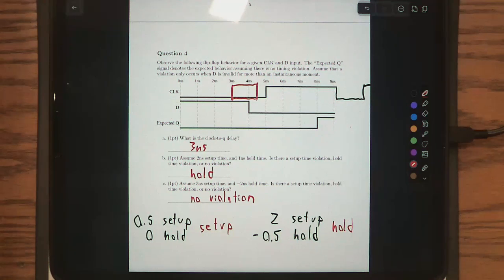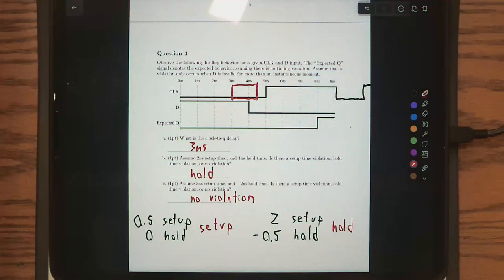I will move on. Yeah? Okay, just for my sake of clarity. If the value changes in the window, it's always going to be a hold time violation? Unless there was already a setup violation. Yeah, besides that. And then you find a window that is the setup value plus the hold value if it's positive, or you're making the window smaller if the hold time is negative.